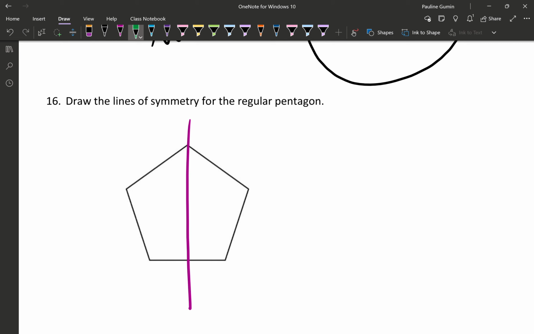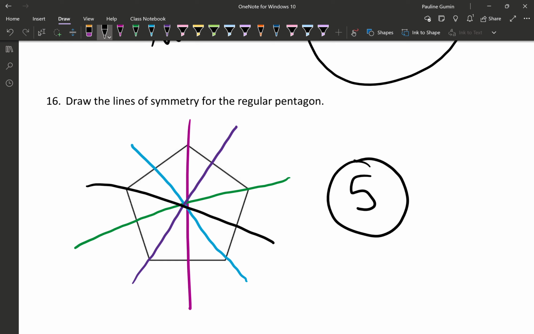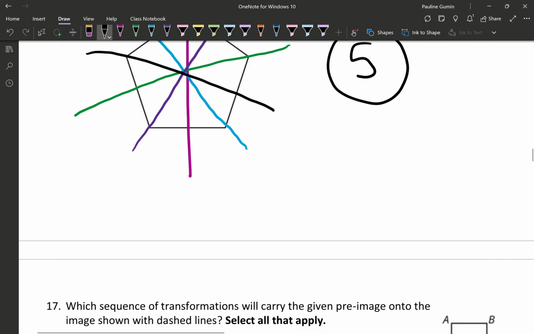I suggest as you're doing this, you're turning your paper because that's how I did it when I did the answer key. I got one more here. I got another line here. I got a fourth line there and a fifth line here. So there are 5 lines of symmetry for this regular pentagon.